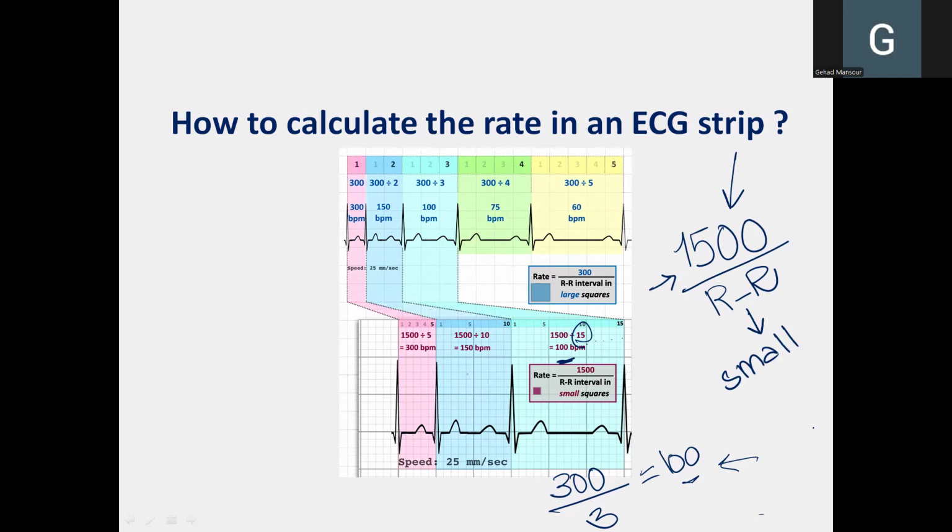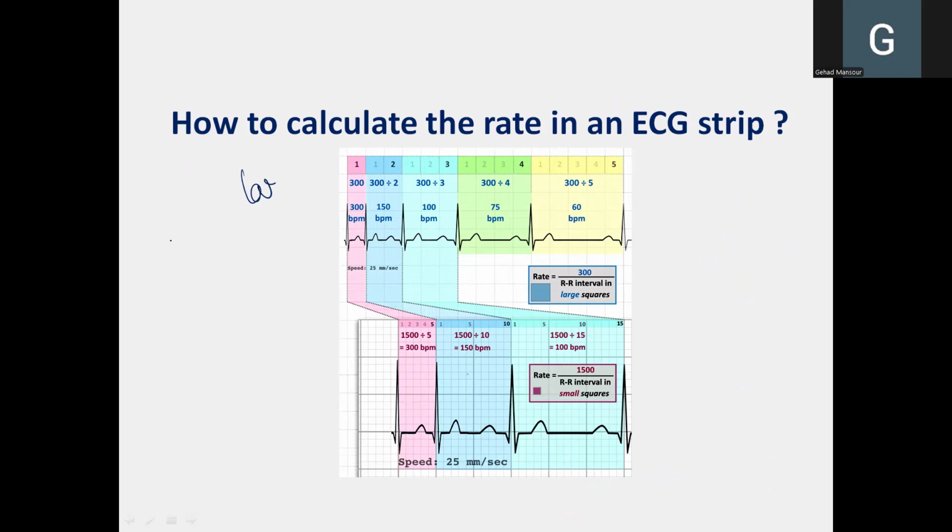But coming back to what I said, when do we use these methods? We use these methods when the heart rate is a regular heart rate.